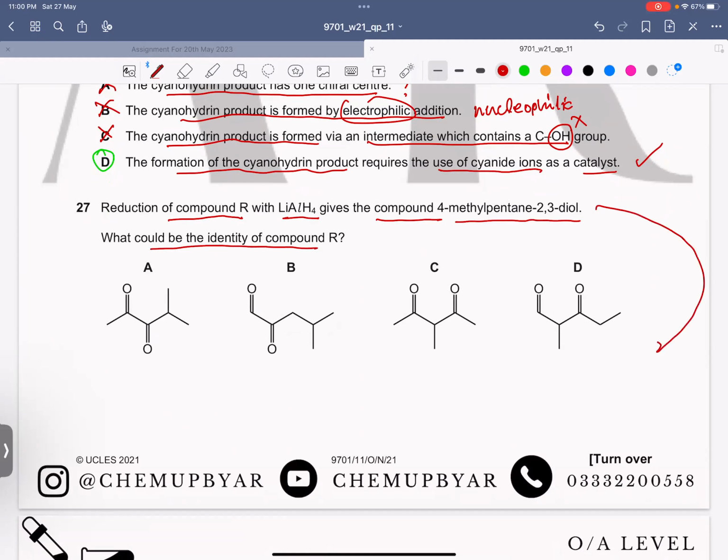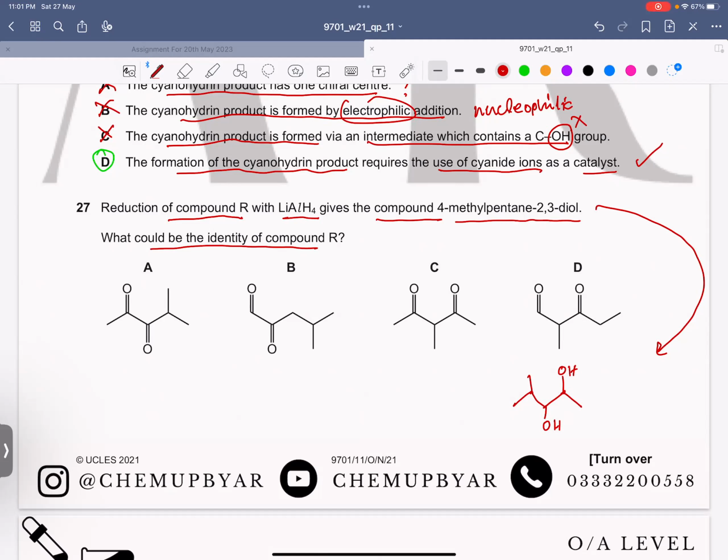So if I draw this one, pentane: 1, 2, 3, 4, 5. 2,3-diol, and here we have a methyl. Which compound can reduce to this one?